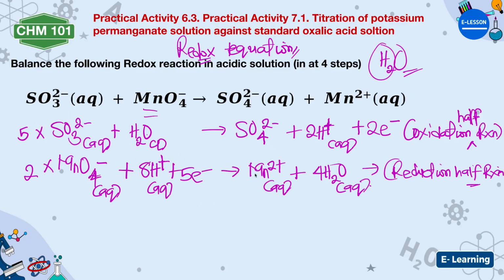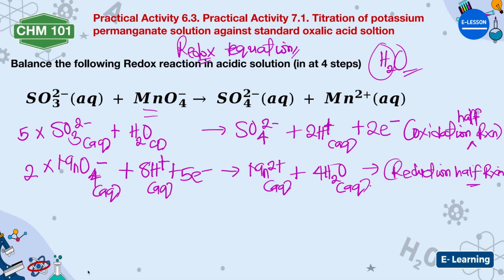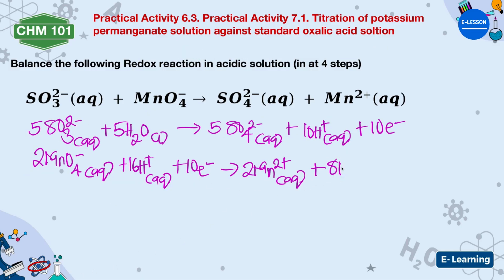And then 2 times Mn2 plus will give us what? 2Mn2 plus aqueous plus 2 times 4H2O will give us what, my dear student? 8H2O liquid. Is that okay?